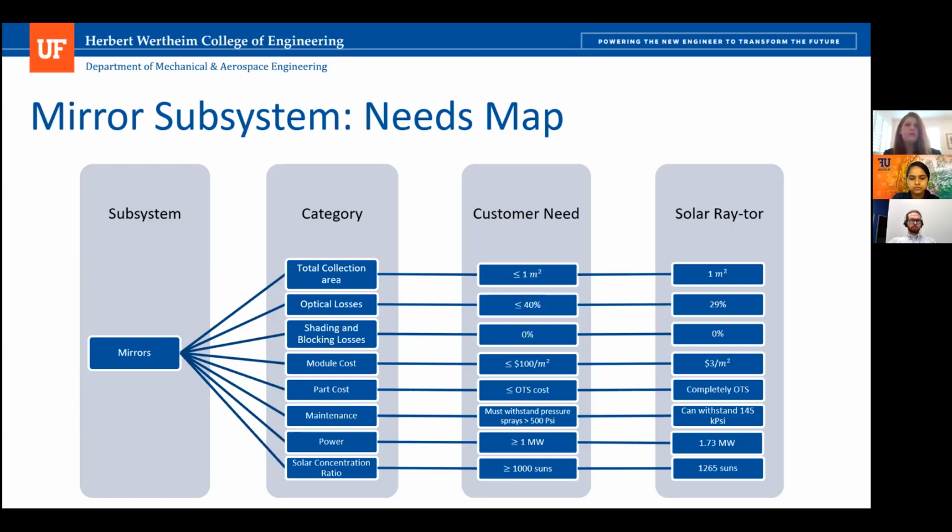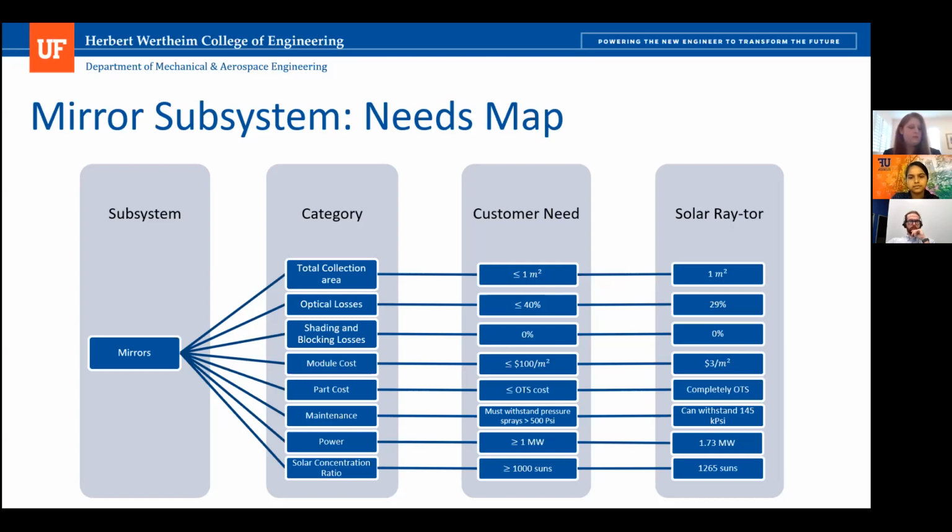The individual heliostats within module units cannot shade other heliostats in that unit. Our trapezoidal configuration eliminates shading and blocking losses. The cost must also be below $100 per meter squared. The mirror subsystem cost totals to $3 for 1 meter squared of reflective surface.